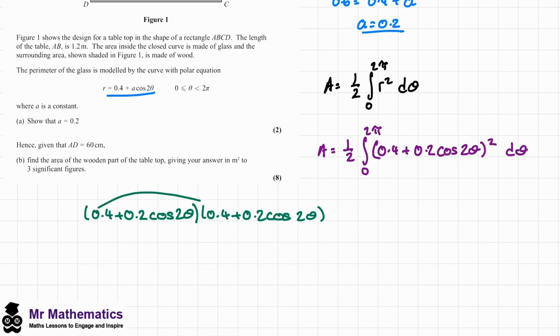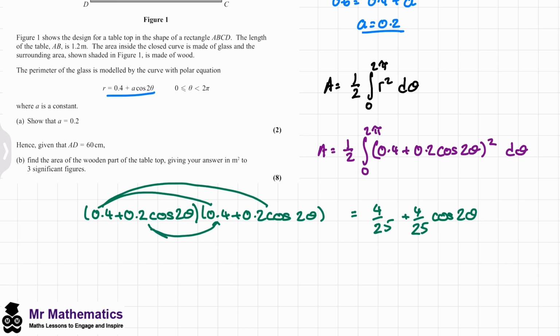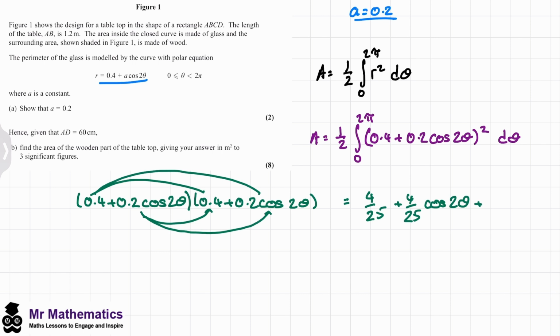So we'll have 0.4 squared, which is 4/25, plus 0.4 times this, and the same again, which gives us 4/25 of cos 2 theta. And then we need to multiply the 0.2 cos 2 theta terms, and this will give us 1/25 of cos squared 2 theta. So it is this which we have to integrate with respect to theta.